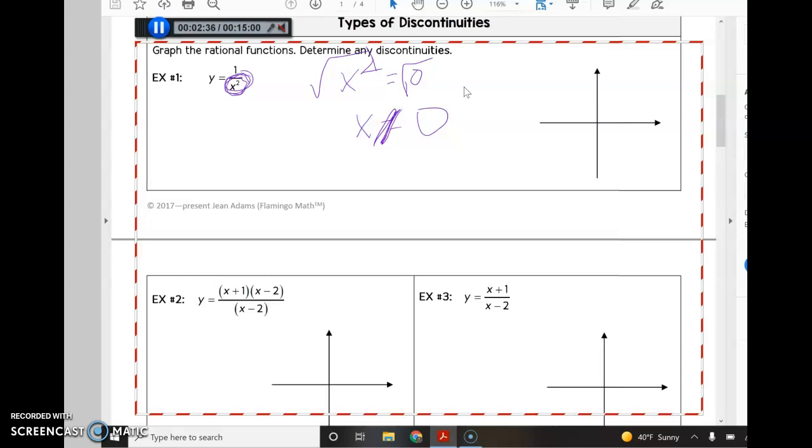So technically, instead of saying x equals 0, we have to say x cannot equal 0. That's where our discontinuity lies, is that line. X cannot be 0. Well, hopefully you guys know where that line is. It's the y-axis here. So this is where x is 0. So if you graph this, you're going to be able to tell that there's an asymptote right here.